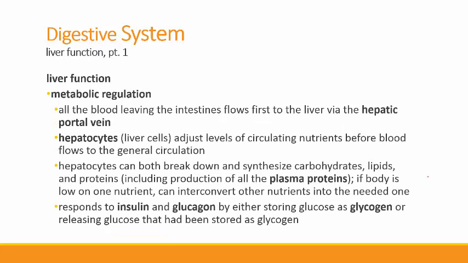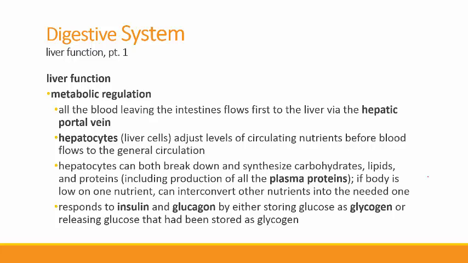So what is it that the liver does? The most important, or the largest function, would be its responsibility for metabolic regulation of the body. When we talk about metabolic regulation, it's the liver that determines what nutrients are going to be released out to the body to be used by the body.